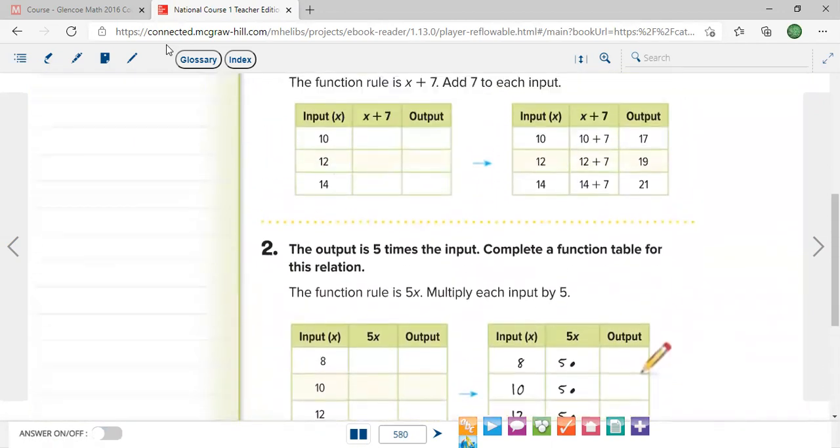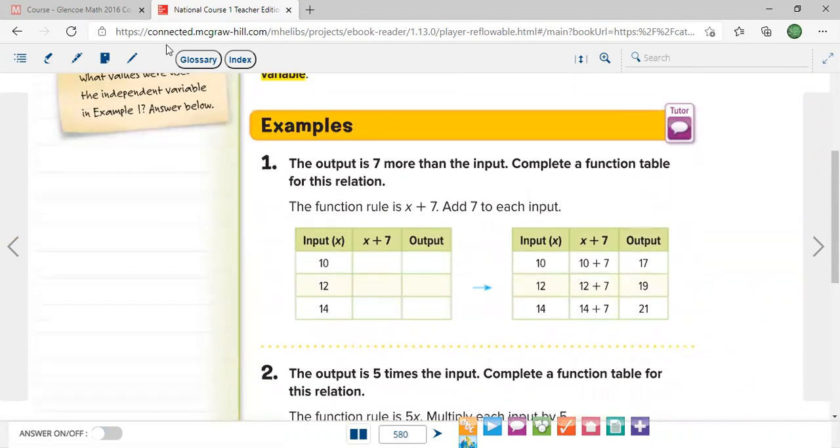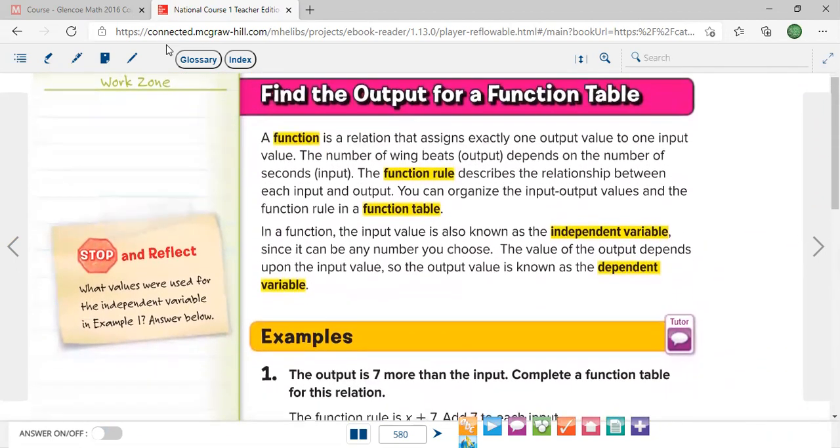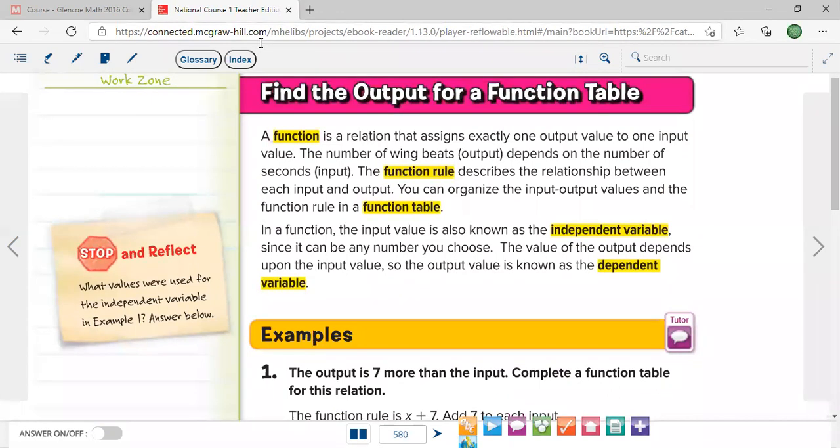Now this was an introduction about the function. So let's know now what a function is. And you need to focus on these highlighted words. You need to remember them very well. A function is a relation that assigns exactly one output value, meaning result, to one input value.